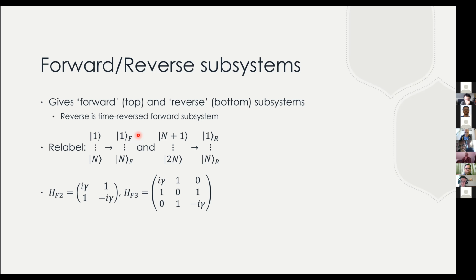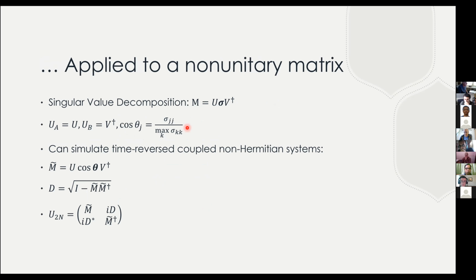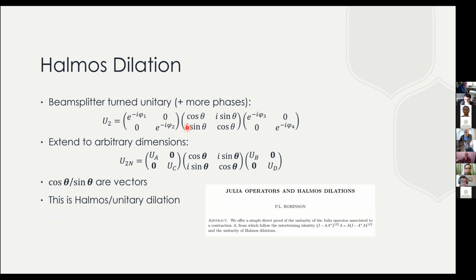Yes, hold on. Can you go back to the slide with the U2N? Well, go back one more. No, yes. What I don't understand is this. No, that was it. That's the right one. What I don't understand is it seems that this does not work if n equals 1. And yet it does work for n greater than 1.